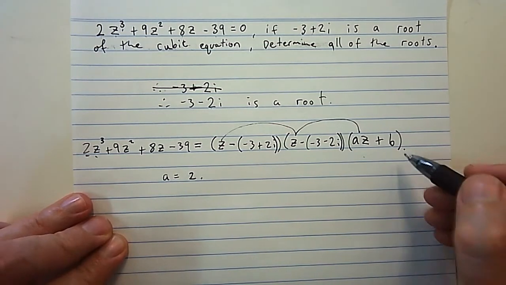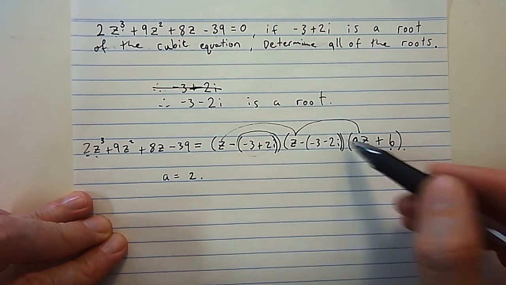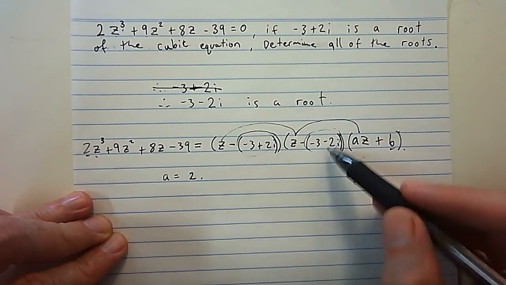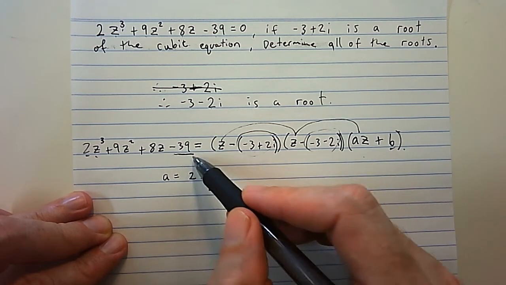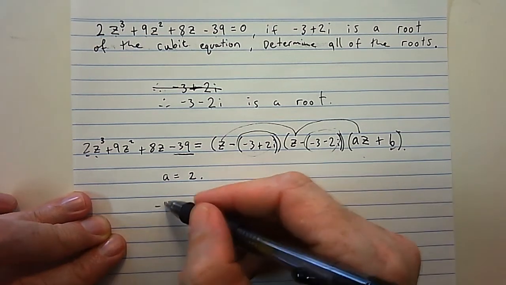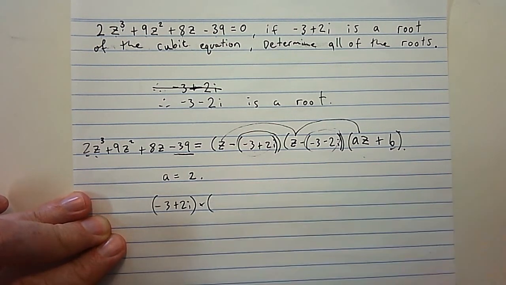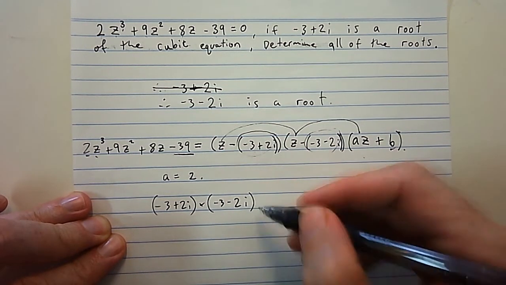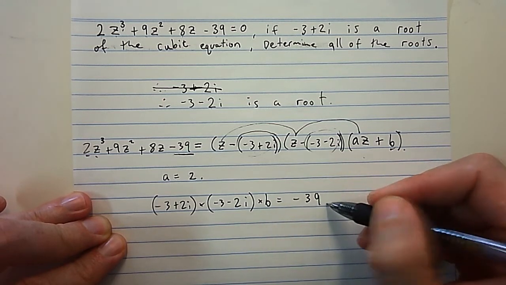Now let's sort out this b value. It's going to be this here multiplied by that multiplied by b, because it has no z's associated with it. This is the only constant term that has no z's with it. So it must be negative 3 plus 2i multiplied by negative 3 take 2i multiplied by b is equal to negative 39.